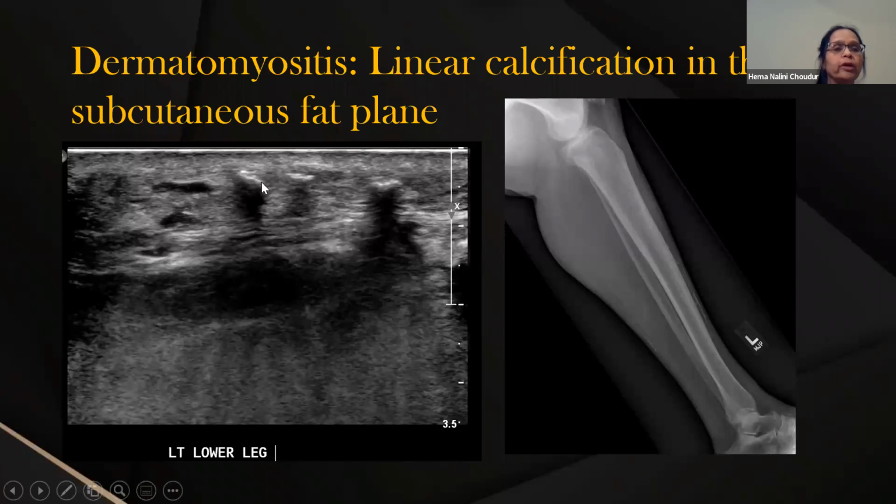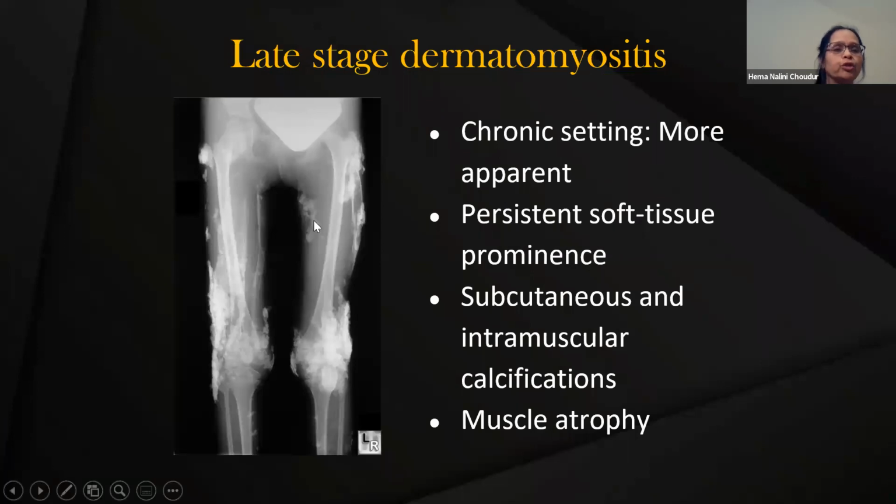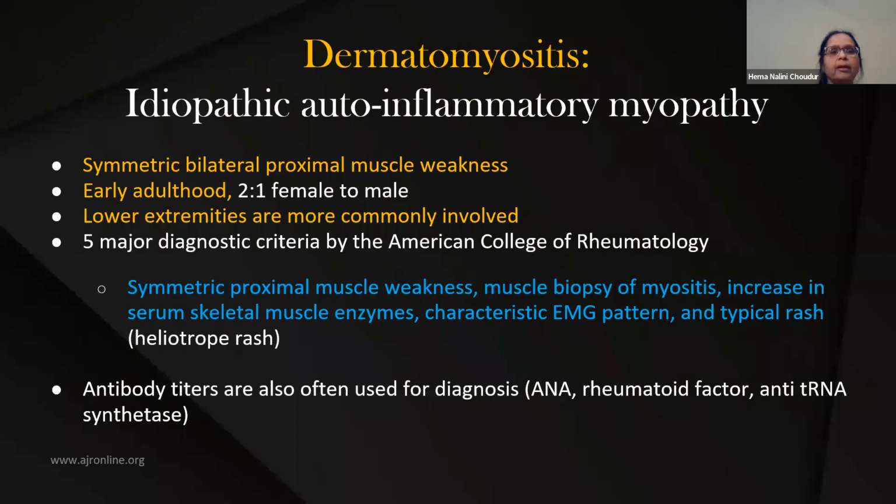You can look at it on ultrasound, and you see calcifications like this, and plain radiographs that demonstrate calcifications in a slightly later stage. In the chronic stage, you can have sheets of calcification and atrophy of the muscles, and there's always the clinical picture in the background. So this is not a critical diagnosis to make.